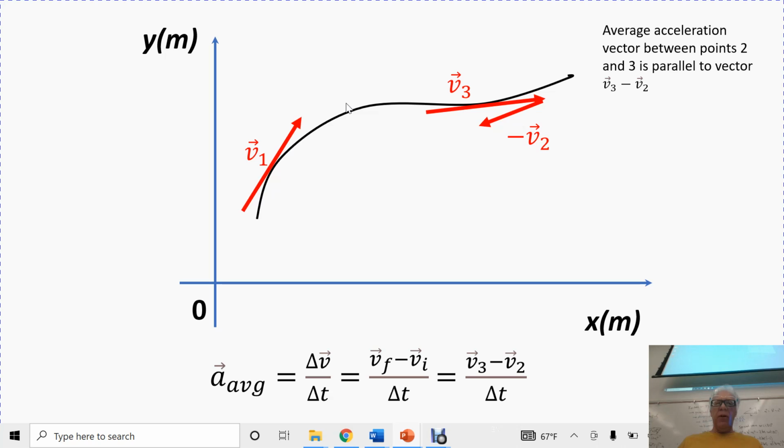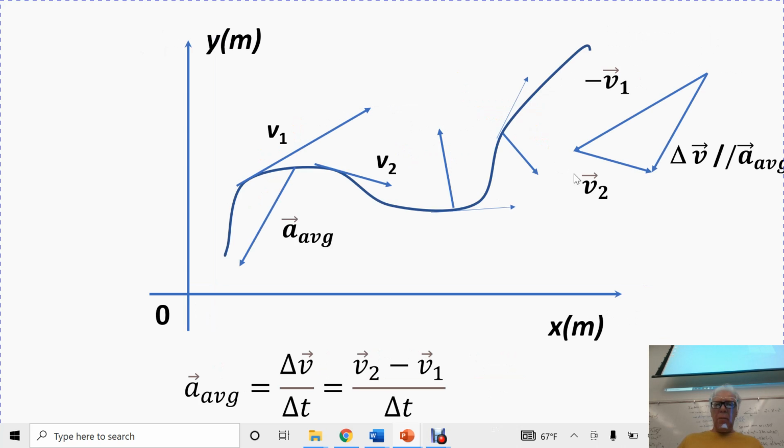That's minus v2. It's going to be in this direction. The average acceleration vector is somewhere between here and here, anywhere around here, somewhat in the direction of the curvature.